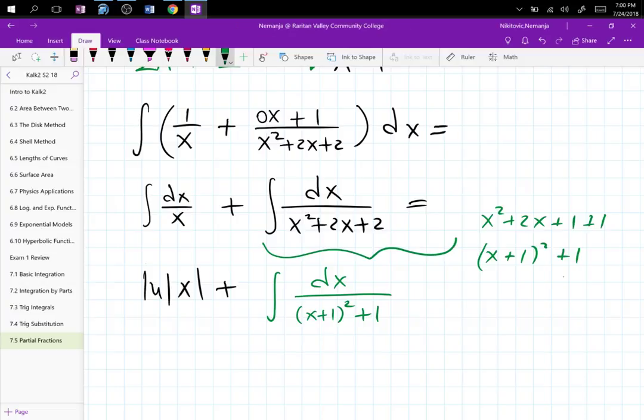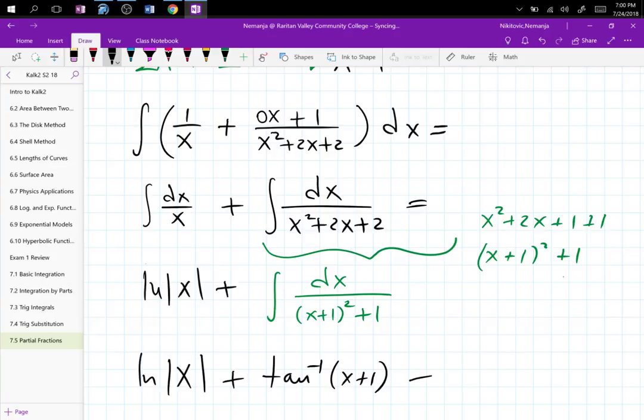And yeah, there's your inverse tangent you wanted. This is inverse tangent of x plus 1. So the answer over here is ln absolute x plus inverse tangent of x plus 1 plus C.